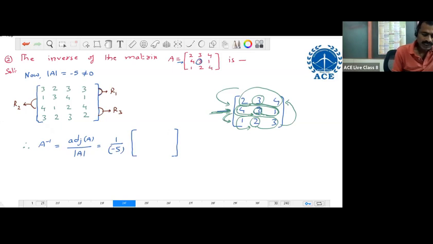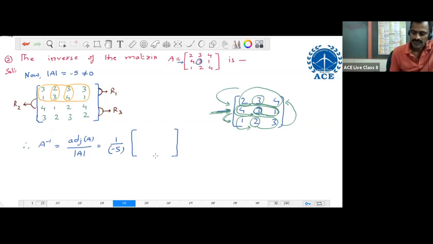The 3 elements are given by 3 second order determinants. It is the first possibility of second order determinant. It is the second possibility of second order determinant. It is the third possibility of second order determinant only. Right? Now these 3 second order determinants will give the 3 elements of the first row.